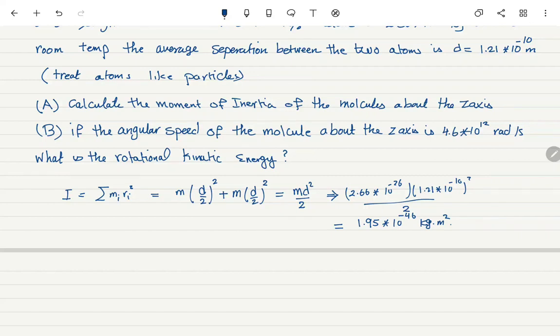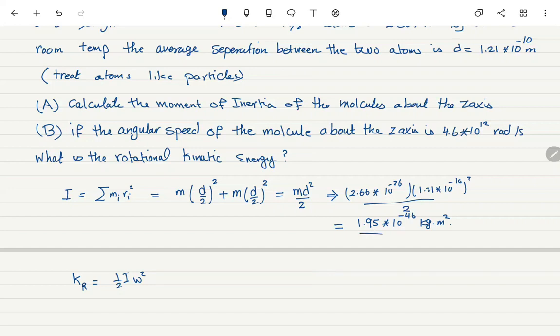Now, if the angular speed of the molecule about the z-axis is equal to 4.6 times 10 to the power 12 rad per second, the rotational kinetic energy K r is equal to half I omega squared.